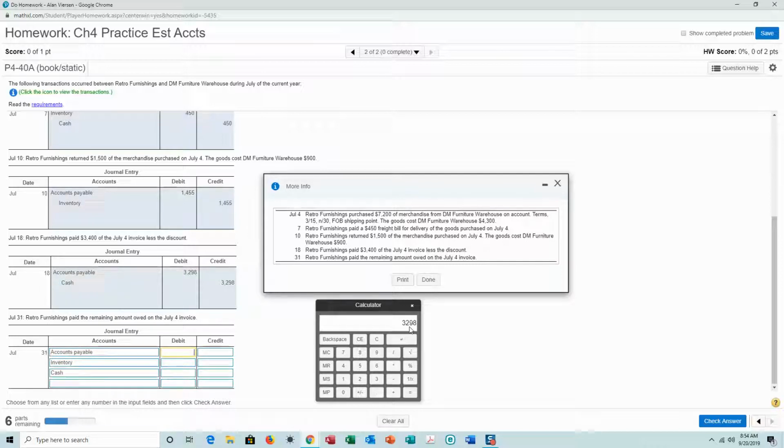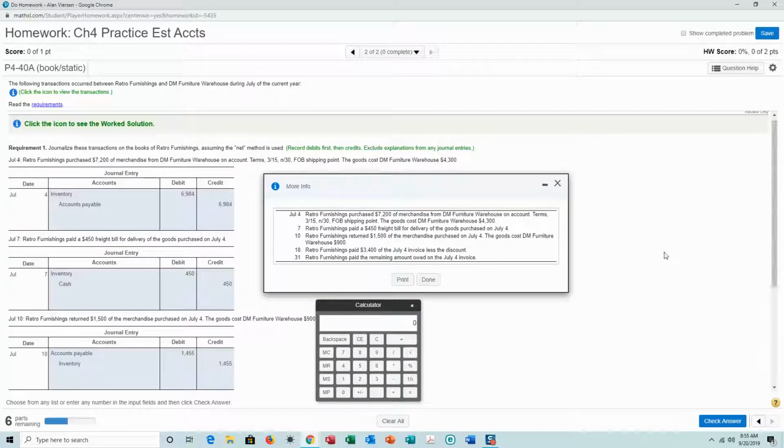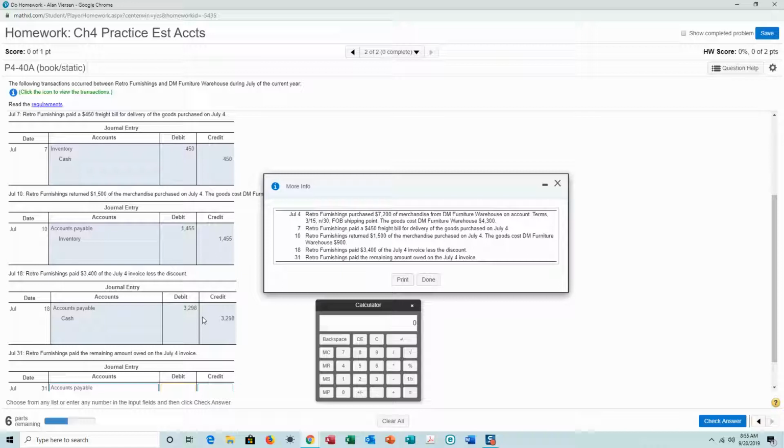The accounts payable is going to be the accounts payable that we had before. Notice we credit it for $69.84. We debit it for $14.55. And we debit it again for $32.98.